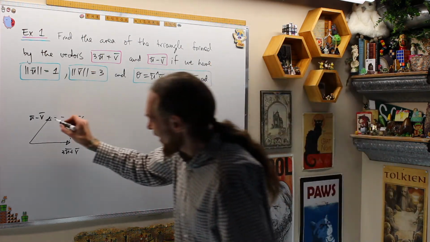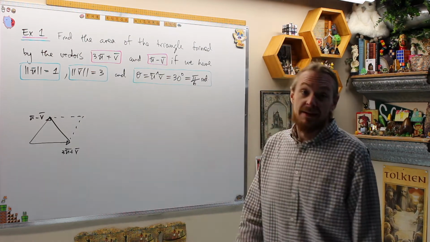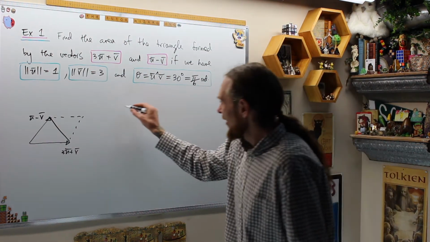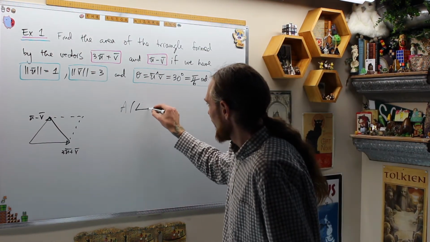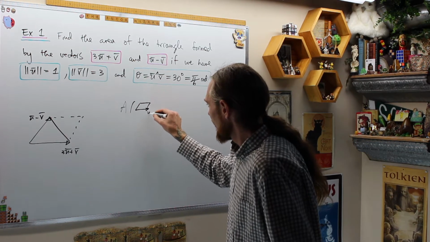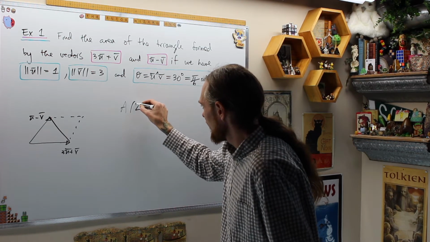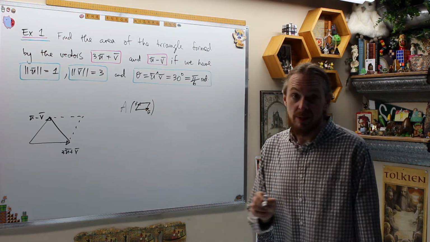Well, luckily the triangle is half of the parallelogram. We know the area of the parallelogram determined by U and V, and we'll use some pictures and some algebraic formulas.